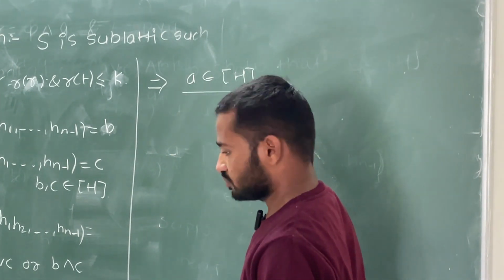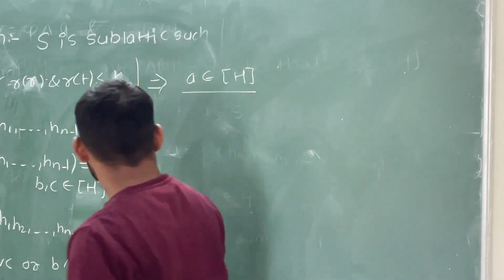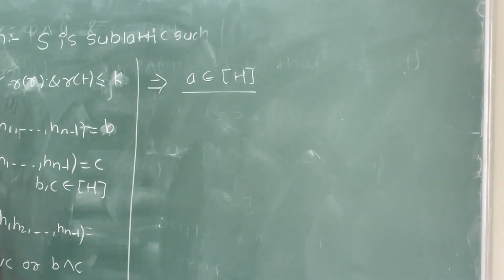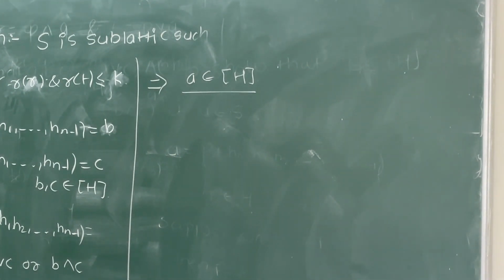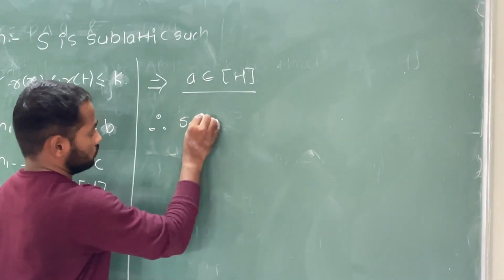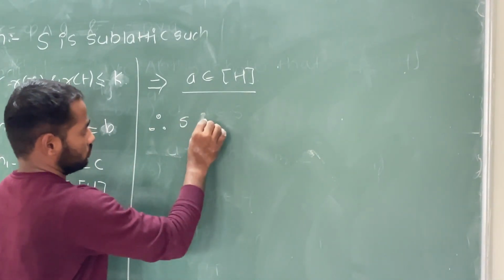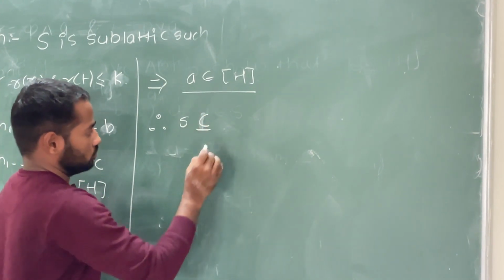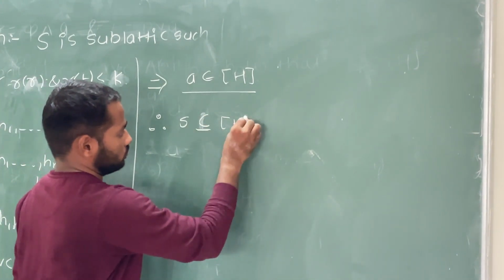So from that we prove that A belongs to square bracket H. That shows that S is contained in square bracket H. Is this clear?